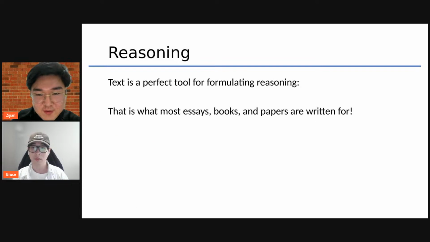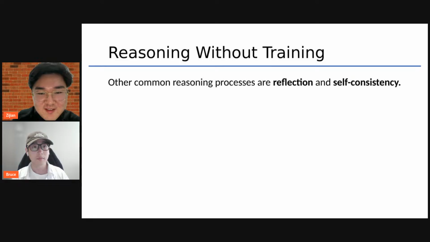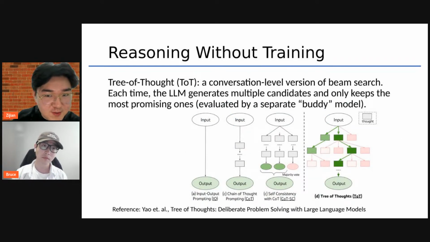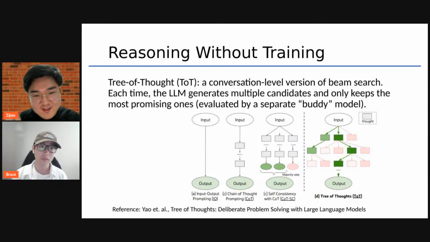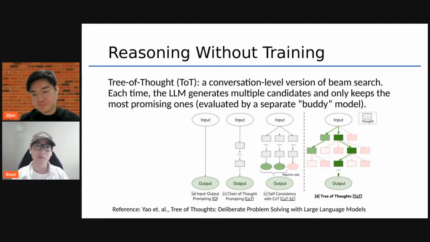Here, these boxes are not just tokens. They are actually a bunch of tokens that represent a piece of thought. So for tree of thought, you're exploring in the thought space, not in the token space. That is the key difference. But I would acknowledge that both beam search and tree of thought have the ability to provide you with a better output than the original sampling output.